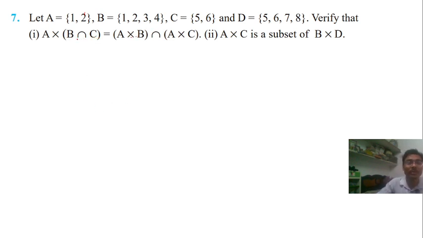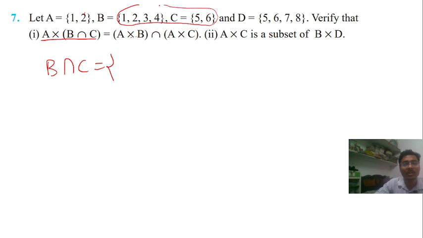First we will try to find the left hand side of this statement by finding the intersection of B and C. Intersection means the common elements between B and C. As we can see, we have nothing common here between set B and set C. So we will simply write an open bracket here, which means this set is empty. And in set A we have 1 comma 2.